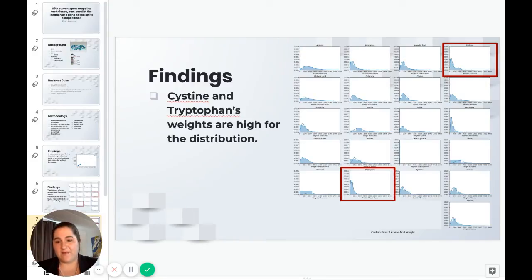So tryptophan's heavy. I was surprised to find that cysteine was found as well. Cysteine wasn't as common in number, but whenever you account for weight, cysteine popped out as one of the driving forces behind this weight-length ratio, the building blocks that make up this house that ends up being this protein.